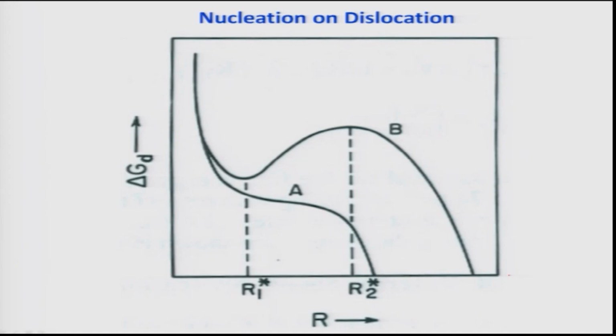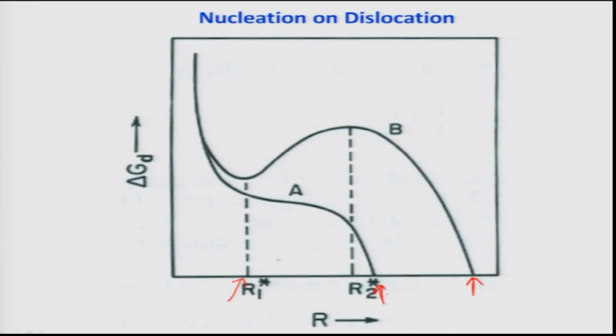But when it is minus, then you have situation like B, so it goes to one minimum and then another. So you have two different values of R star, one here, another there. When B is there, there is one value there, another value there. When A is there, there is only one value.